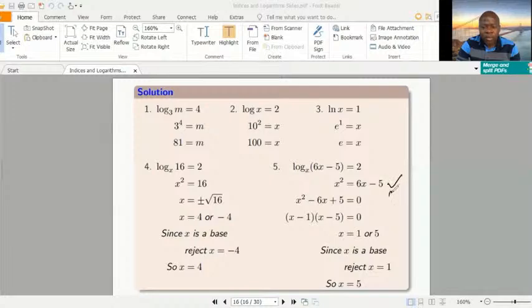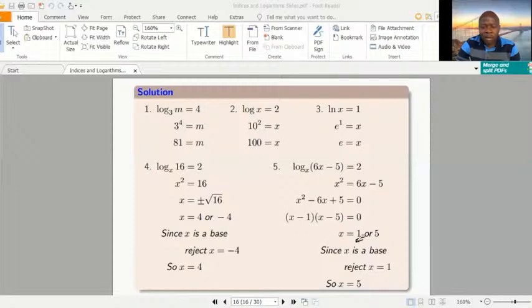This is a quadratic equation. We know to solve them by either factorization, quadratic formula, or even the completing the square method. But factorization is easy, and I did factorize. Found that x will be 1 or 5.